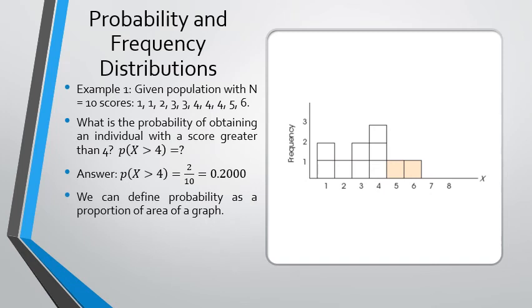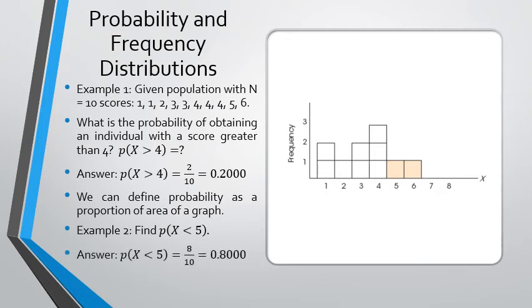And we can define probability as a portion of area of a graph. So here's another example. Find the probability that you obtain an individual with a score less than 5. Well, that would be the other 8 scores that are shown in white on the graph. 8 out of the 10 scores would have a score less than 5. 80%, 0.8000, however you want to see it.